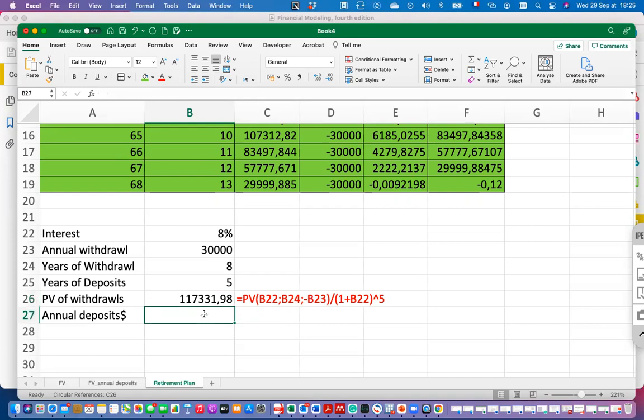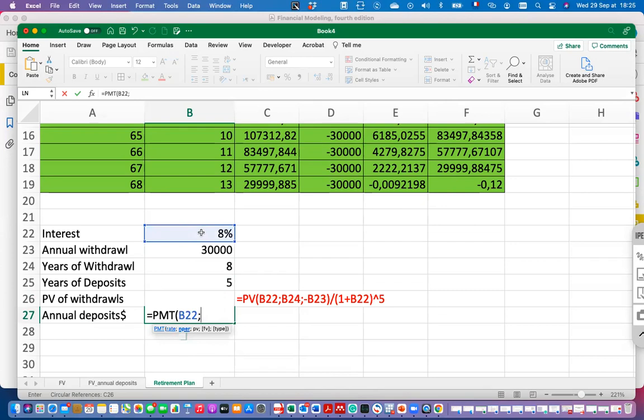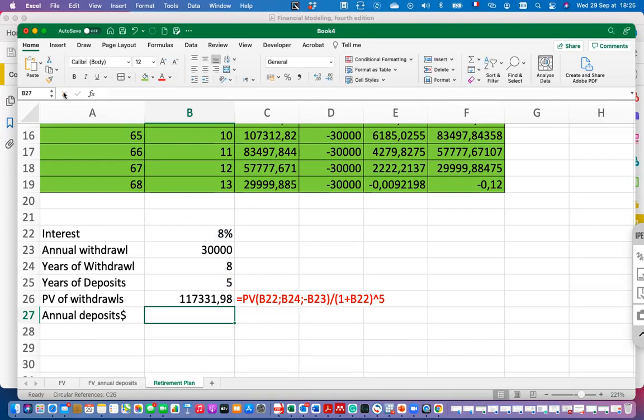Now, the annual deposit should be equal to this present value. So we will use the PMT function. The rate is 8%. The number of periods now for deposit is 5 years. Now the PV is, sorry, I have to free some space here.